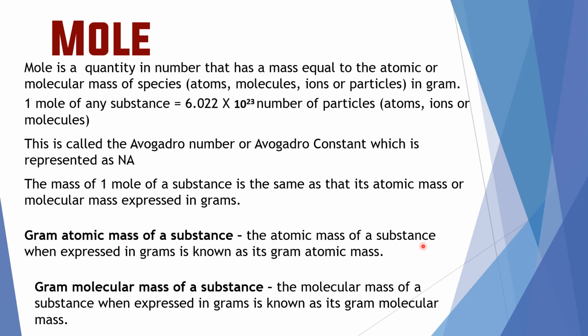The atomic mass of a substance when expressed in grams is known as its gram atomic mass. And what is gram molecular mass? The molecular mass of a substance expressed in gram is known as gram molecular mass.